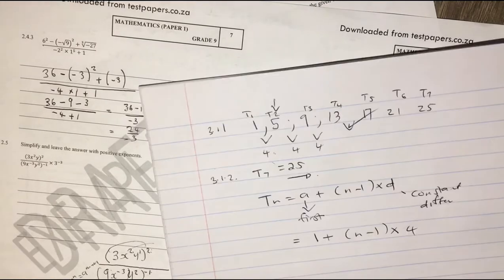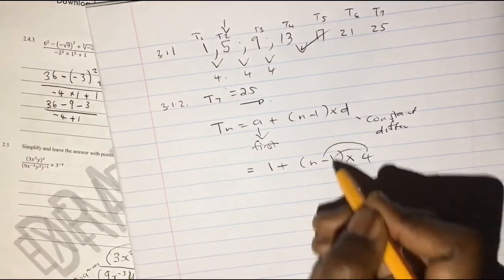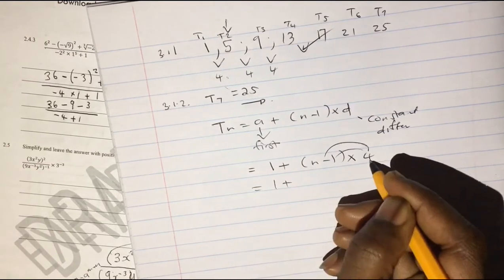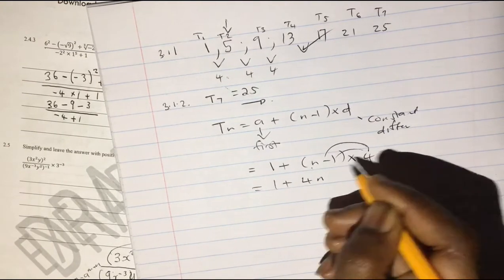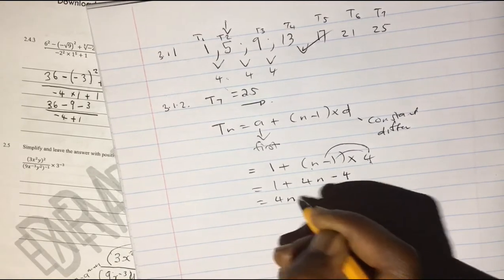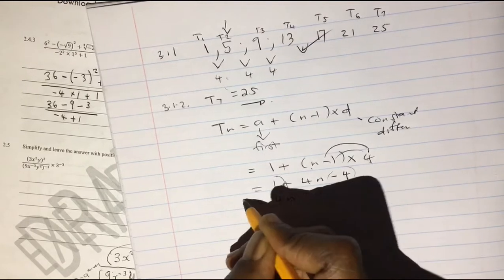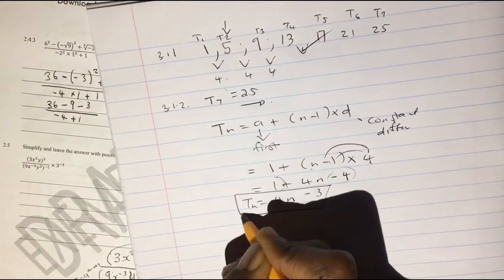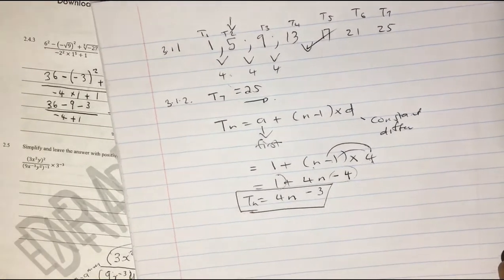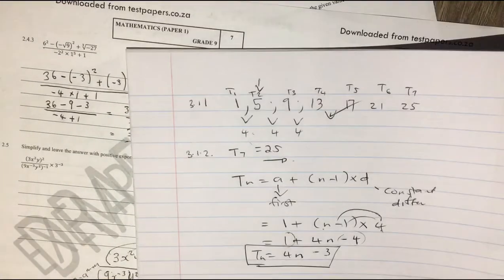Are we still together? Yes, it's 4. You multiply in here: 1 plus 4 times n is 4n. 4 times minus 1 is minus 4. Then you add the like terms. 1 minus 4 becomes minus 3.